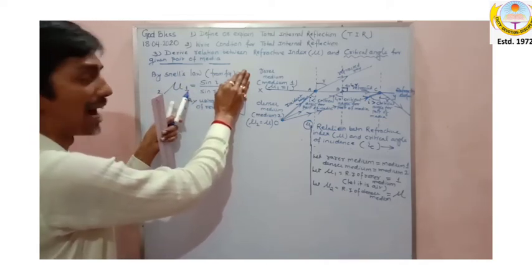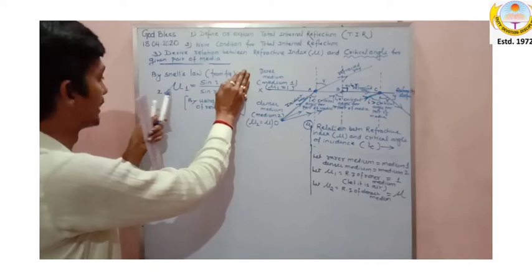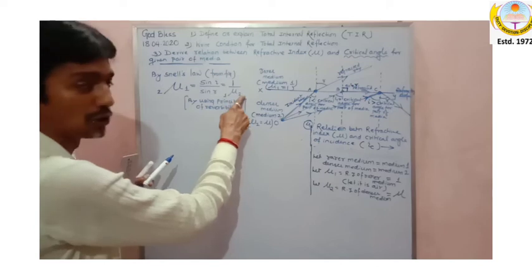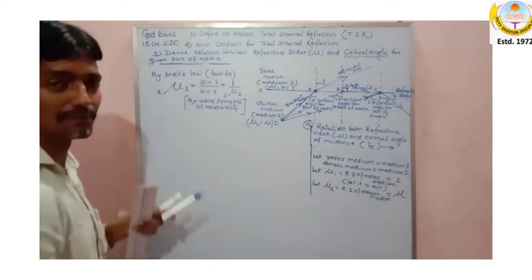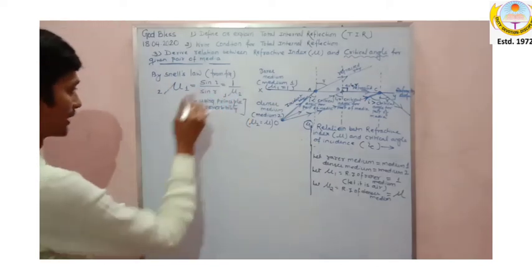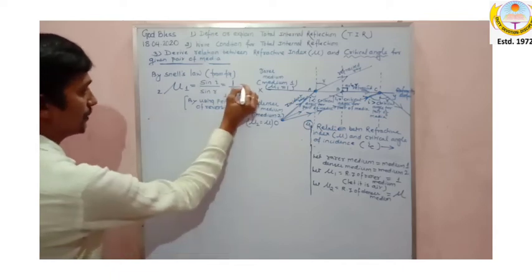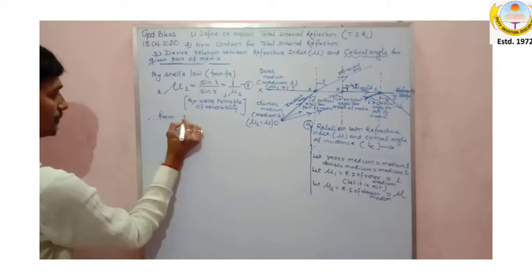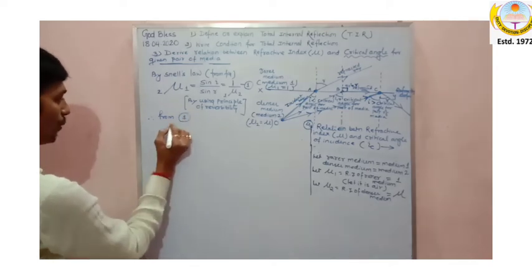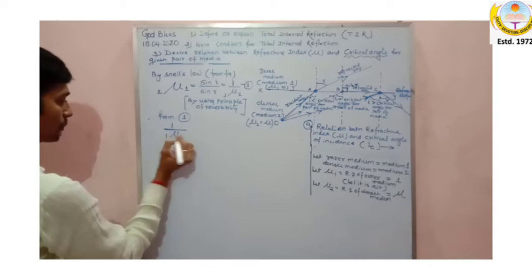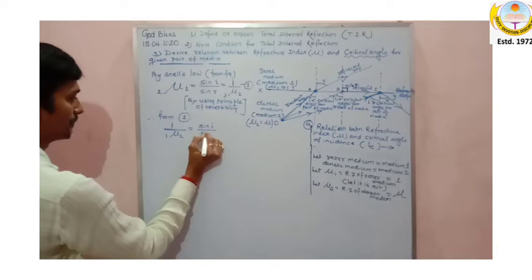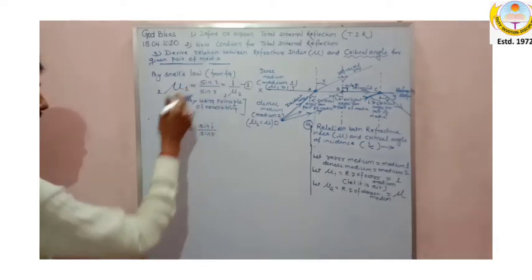This mu of 1 with respect to 2 can be written as 1 upon mu of 2 with respect to 1. So from this I can write 1 upon mu of 2 with respect to 1 is equal to sin I by sin R. This is 1.